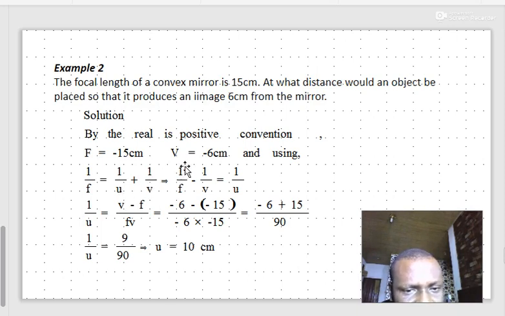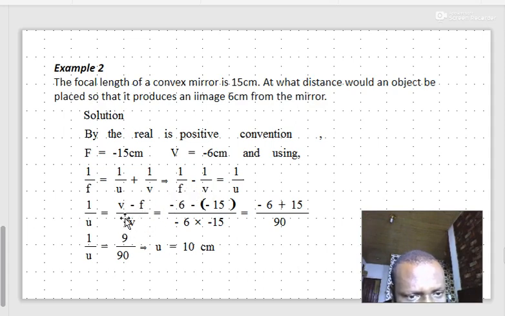Then using 1 over f is equal to 1 over u plus 1 over v, we get 1 over f minus 1 over v is equal to 1 over u. Because we are looking for the object distance, which is u, we make 1 over u the subject of the formula by moving this 1 over v to the other side to meet f. This plus changes to minus. That is what you are seeing here. Simplifying using fractions, the LCM of f and v is fv.